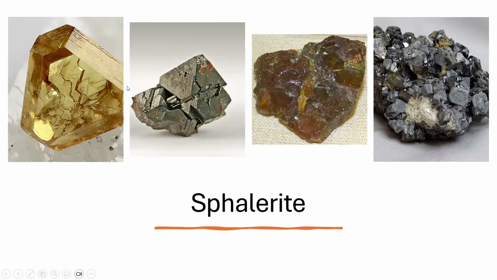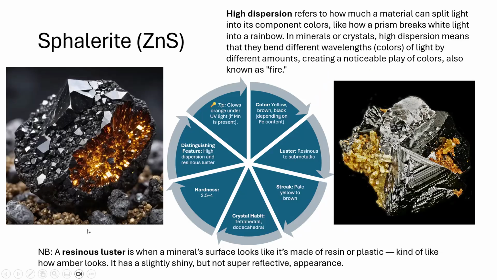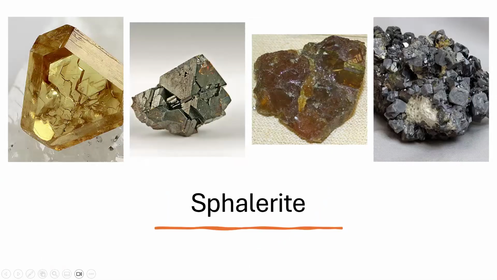Now, you can see that we have this resinous luster, like I said. That's why we've got resinous to submetallic, and it has high dispersion. It means if you were to put this under ultraviolet light, it will glow orange.